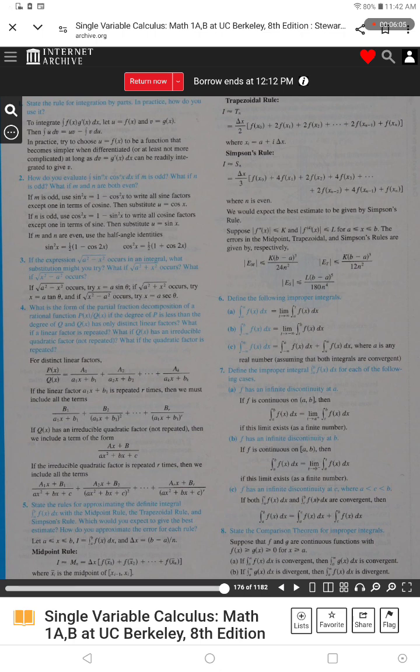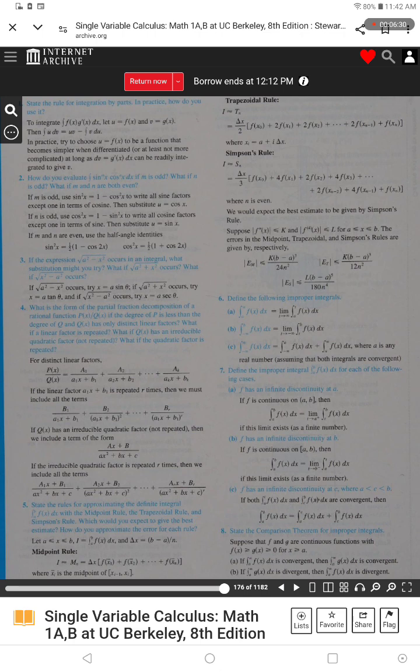The integral from negative infinity to b of f of x dx equals the limit as t approaches negative infinity of the integral from t to b of f of x dx.